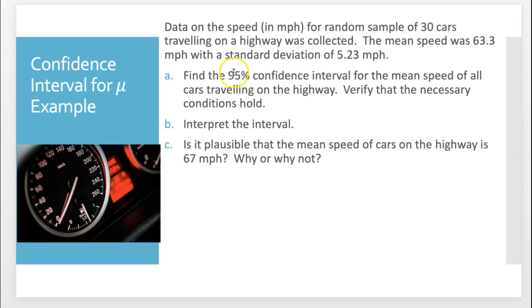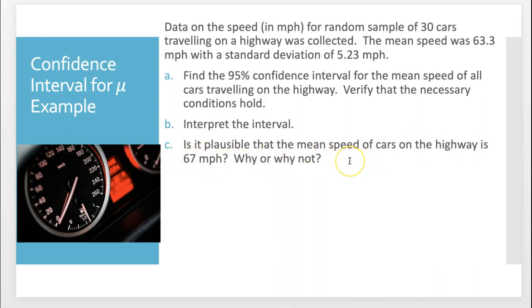So what they want us to do now is find the 95% confidence interval for the mean speed of all cars traveling on the highway. Verify that the necessary conditions hold, and then we want to interpret the interval, and then we say, is it plausible that the mean speed of cars on the highway is 67 miles per hour?